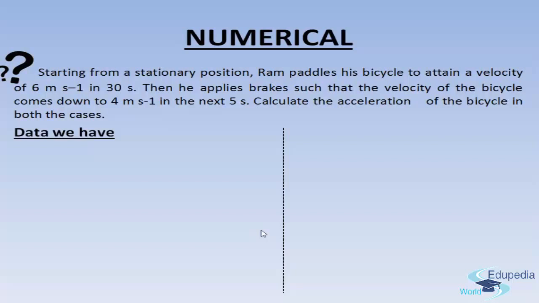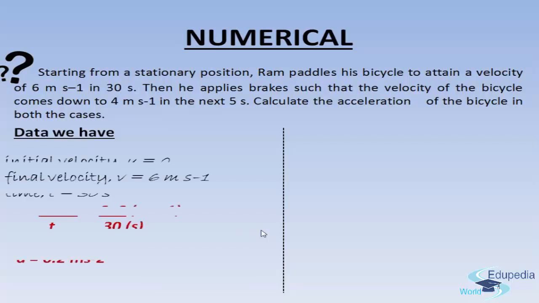From the first sentence, we should understand that the cycle was stationary and then ultimately attains a velocity of 6 meters per second. So the initial velocity was 0 because the cycle was stationary, the final velocity is 6 meters per second, and the time is 30 seconds.